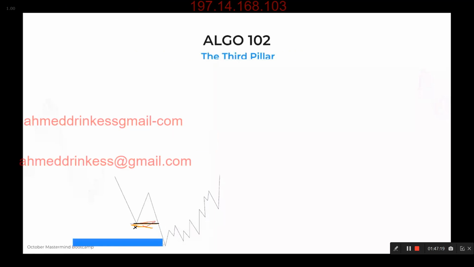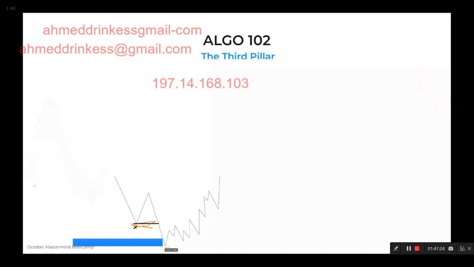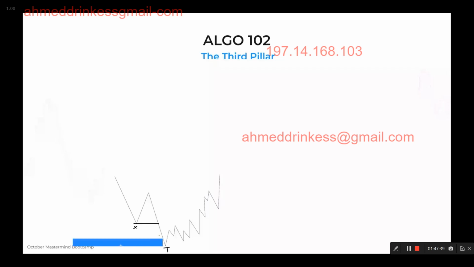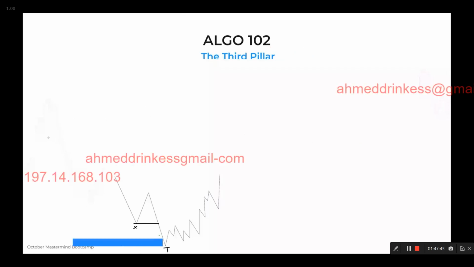After the inducement is taken, where's the trap? Everyone just label T, mark it, just so we can keep moving forward. Good. There we have the trap. So then this is the trap. After the trap, where is the next trap we should be targeting?